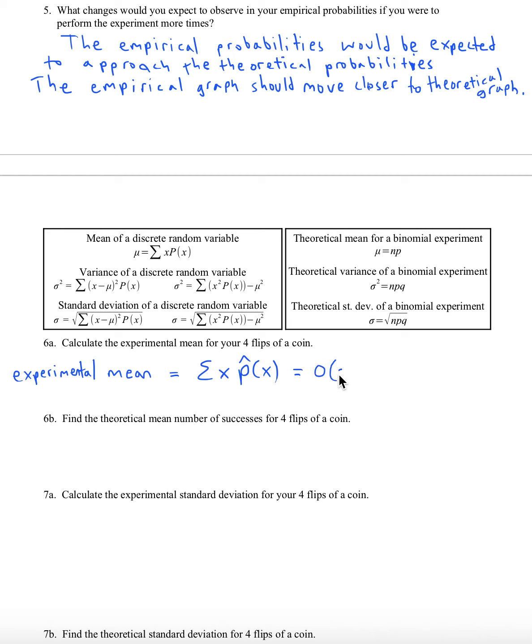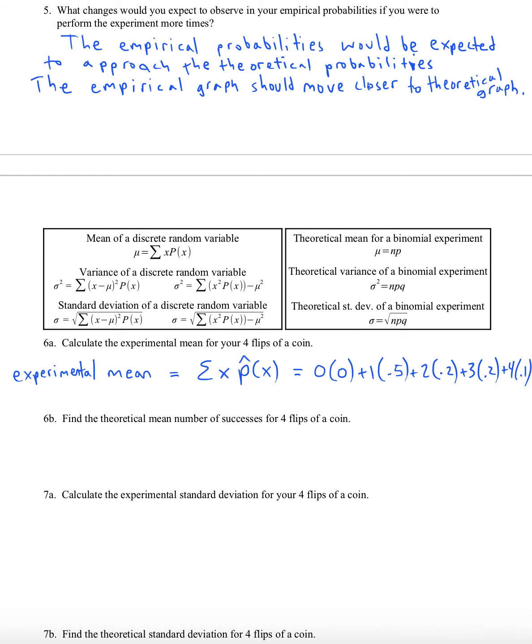So 0 times 0 plus 1 times 0.5 plus 2 times 0.2 plus 3 times 0.2 plus 4 times 0.1.